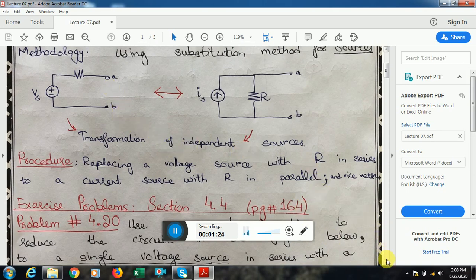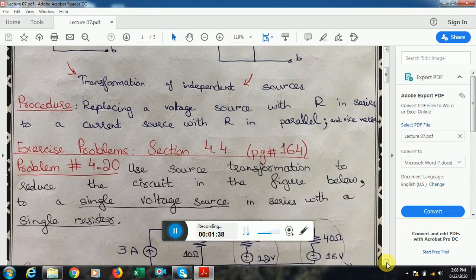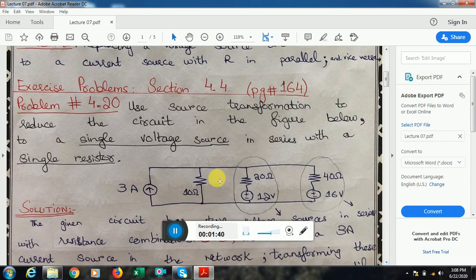So we'll now proceed with an example, which is practice problem 4.20 on page number 164. Here we have an electric circuit in which we have a 3 ampere current source, a 10 ohm resistor, and resistors in series with voltage sources.